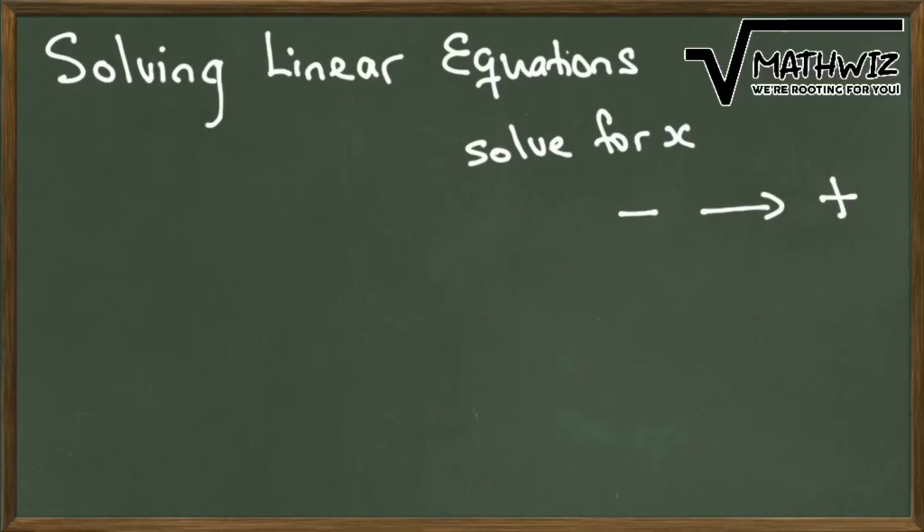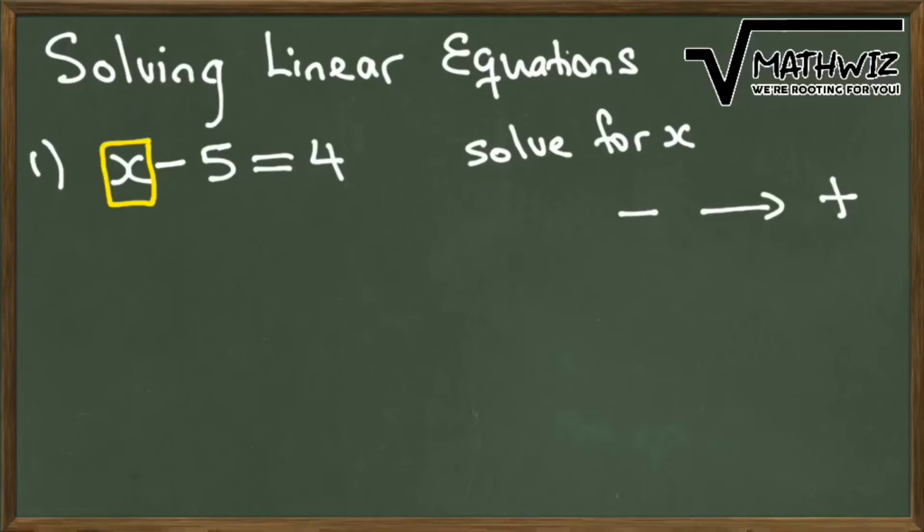So for this video now, we're going to be focusing on changing a minus to a plus, based on solving your linear equation. So the first question we're going to look at is, what if we have x minus 5 is equal to 4, right? So we're solving for x. So you always want to highlight what you're looking for, and you say, okay, if I'm solving for x, it means I want x on one side by itself, which means I have to remove everything else.